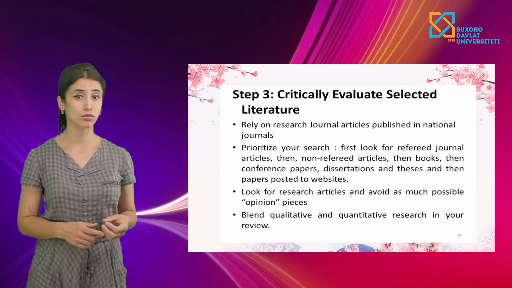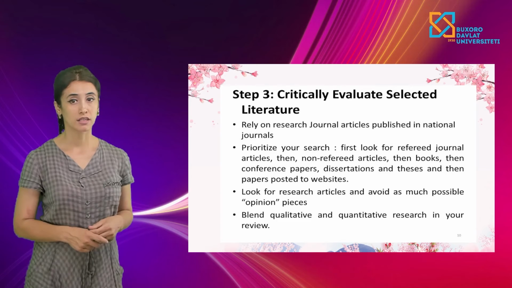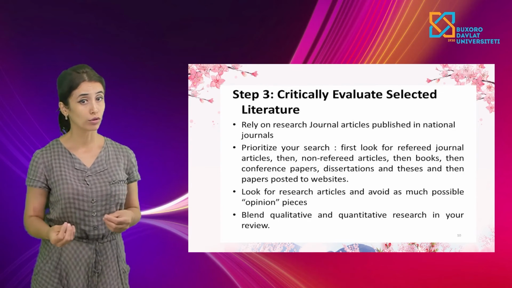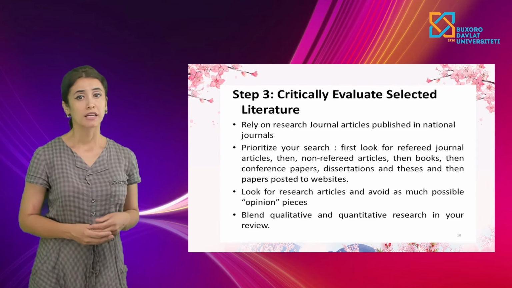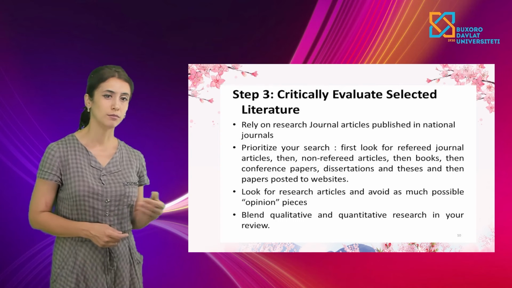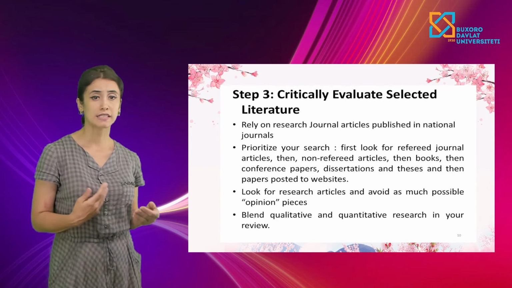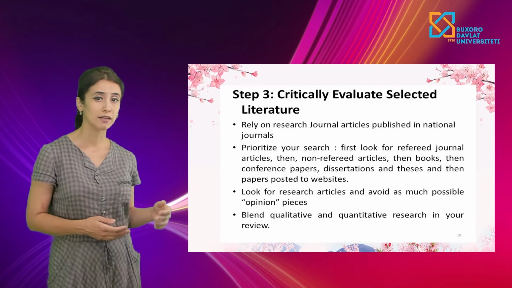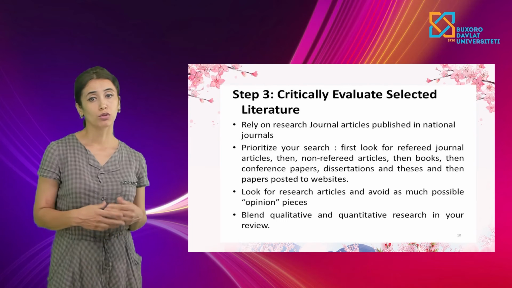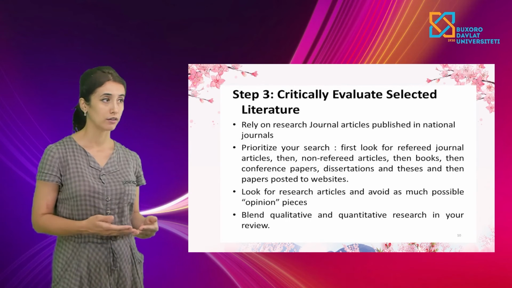And the next one, step 3, critically evaluate selected literature. Rely on research journal articles published in national journals. Prioritize your search. First look for refereed journal articles, then non-refereed articles, then books, then conference papers, dissertations, theses, and then papers posted to websites. Look for research articles and avoid opinion pieces as much as possible.